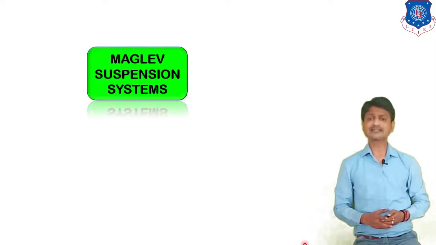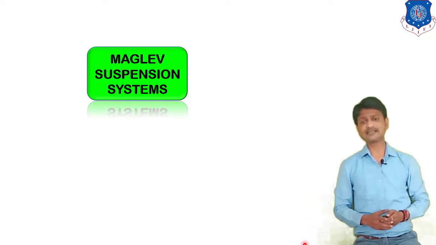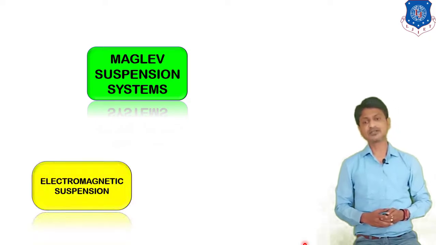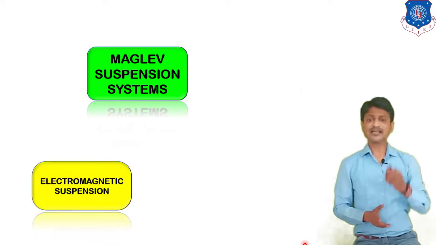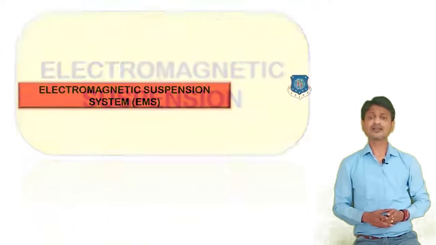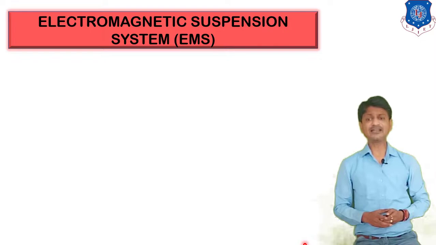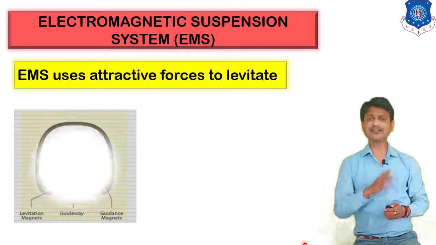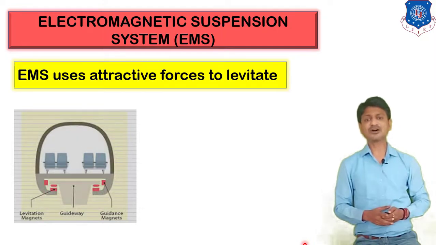Now let's discuss the two cases of that maglev suspension system. Let's start with electromagnetic suspension. Electromagnetic suspension uses attractive forces to levitate the train. Here levitation magnets are attracted to electromagnets on guide wheels.